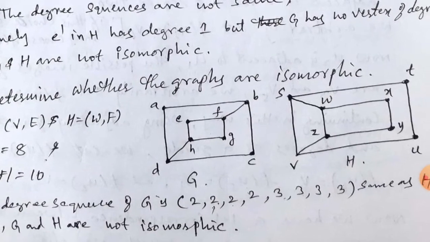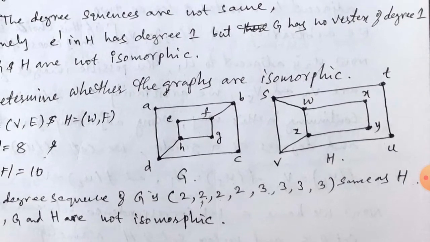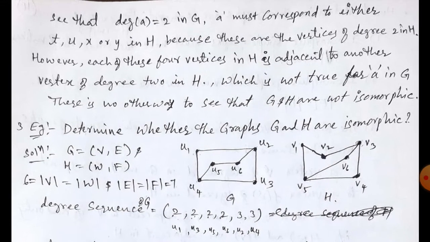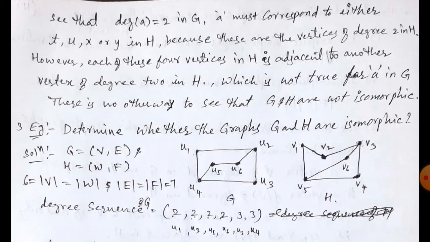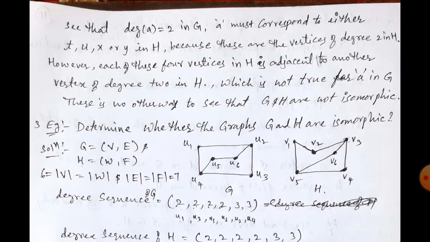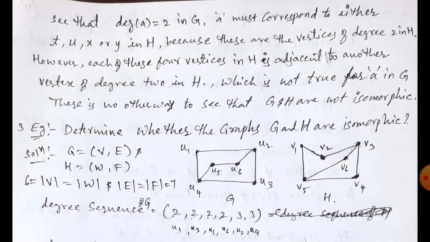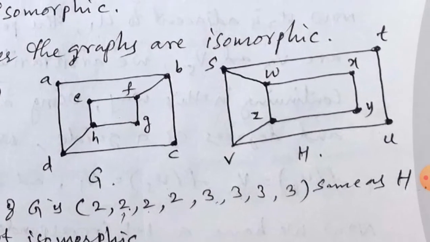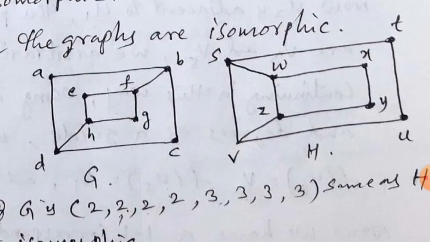Why? We have to observe this clearly. Observe the degree of A is 2 in G. A must correspond to either T, U, X or Y in H, because these are the vertices of degree 2 in H. Observe the graphs here. I will explain why they are not isomorphic.